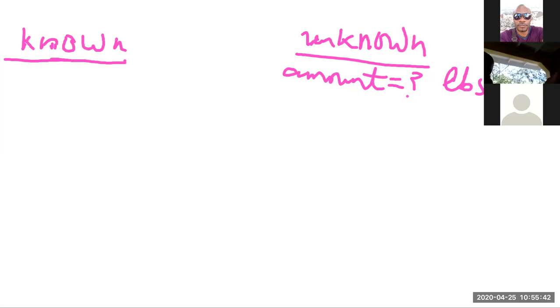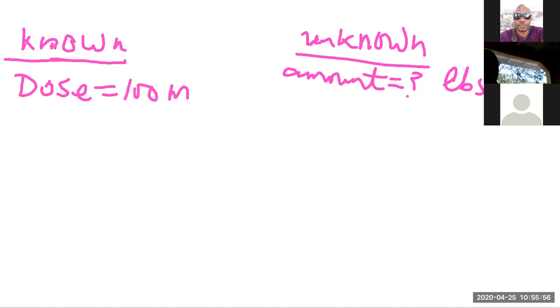What we know, they told us the dose: 100 milligrams per liter. What else we know?